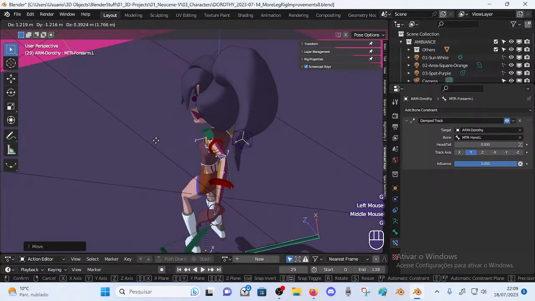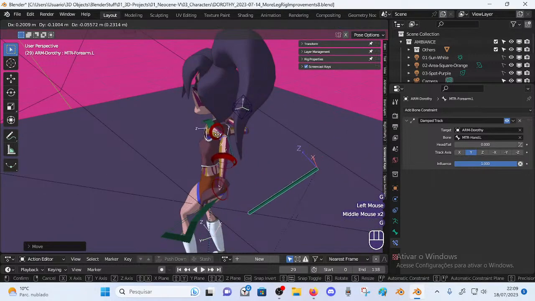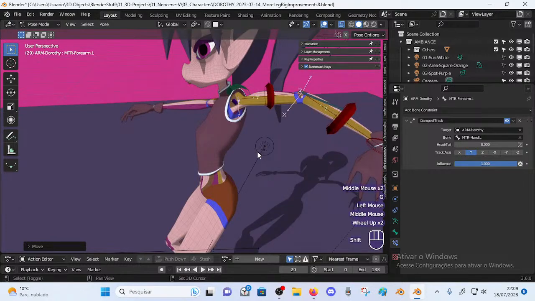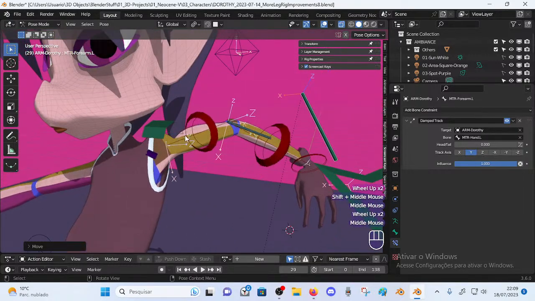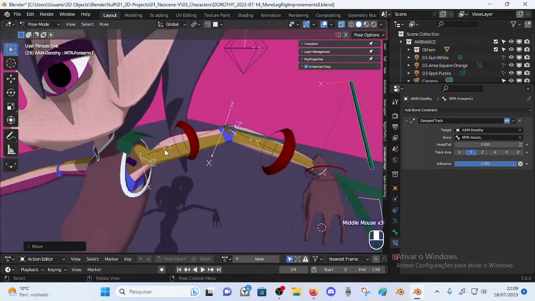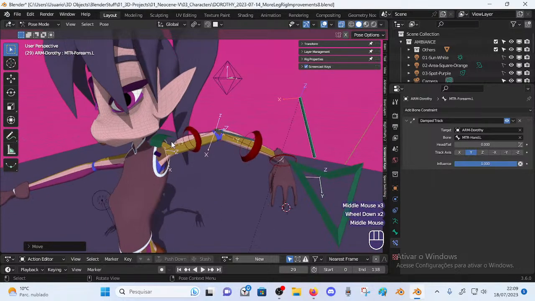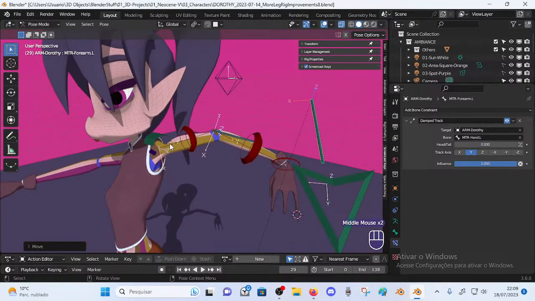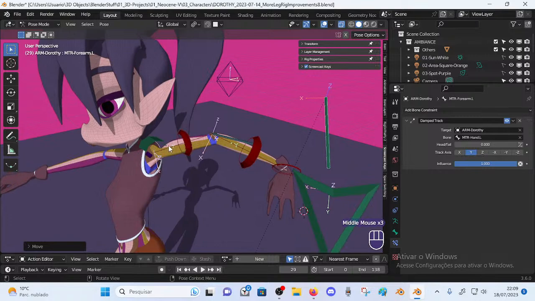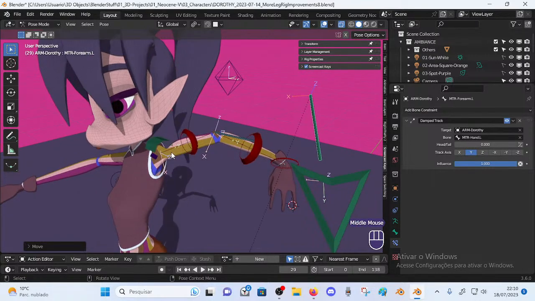But then at some point it went crazy. You see there is a lot of twisting here, which is already part of the artifacts of the skinning algorithm, linear blend skinning here.